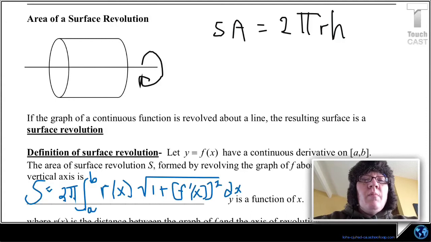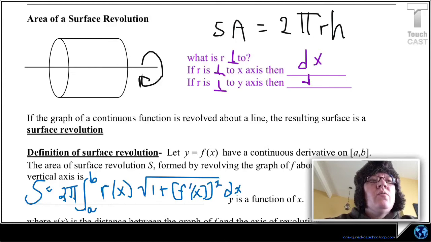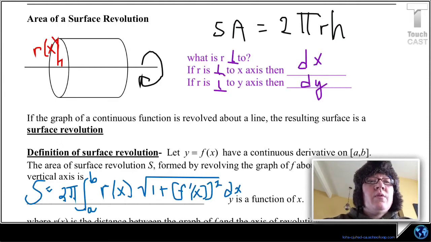Now, the question I'm going to need to ask myself is, what is R perpendicular to? If R is perpendicular to the x-axis, then we'll integrate with respect to x. If R is perpendicular to the y-axis, then we'll integrate with respect to y. Currently in my picture, it looks like I'm drawing a radius that's perpendicular to my x-axis. So for this particular problem, I would want to integrate with respect to x.